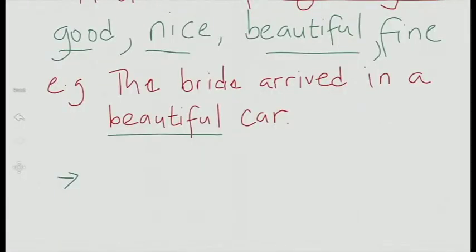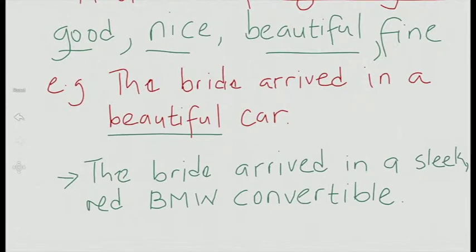An example of how you would be expected to improve what you are saying, so that you become more precise and avoid being vague, would be to write a sentence like this one. Instead, we can improve this sentence by saying the bride arrived in a sleek red BMW convertible.